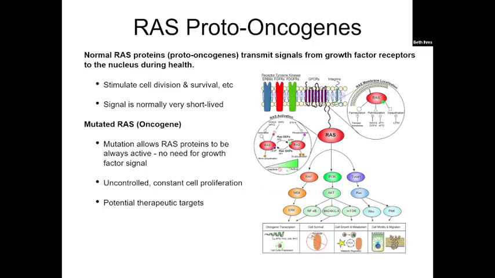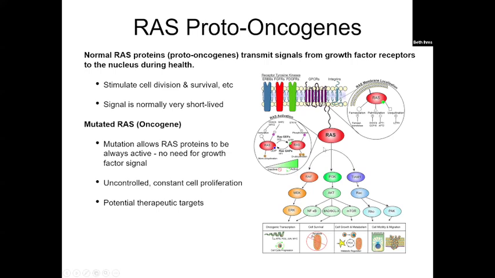RAS is a proto-oncogene, so it's normal. Its job is to transmit growth signals from the growth factor receptor to the nucleus. So don't worry about all these molecules in this cartoon, but you have the receptor. RAS is the middleman in signaling, transmitting these growth factor signals to the nucleus and the rest of the cell to activate all the stuff, okay?